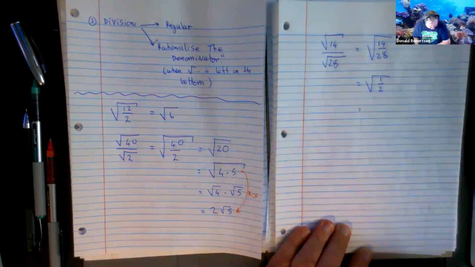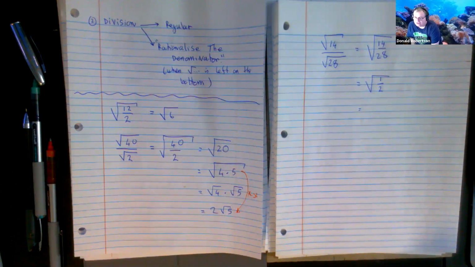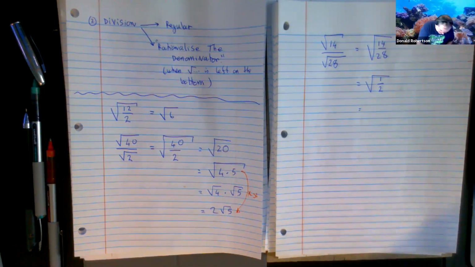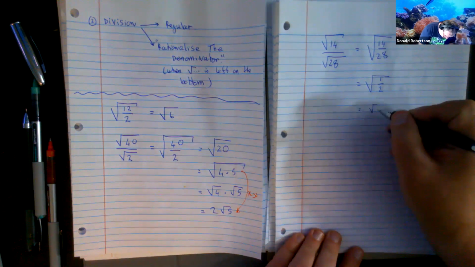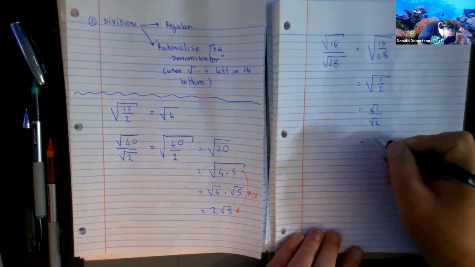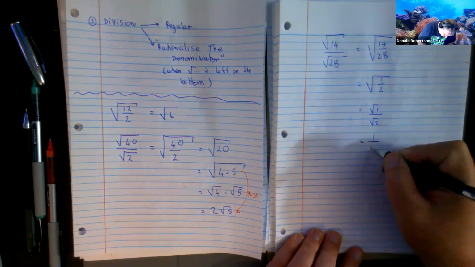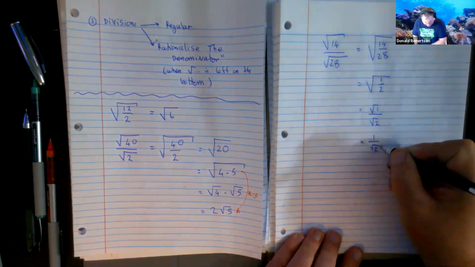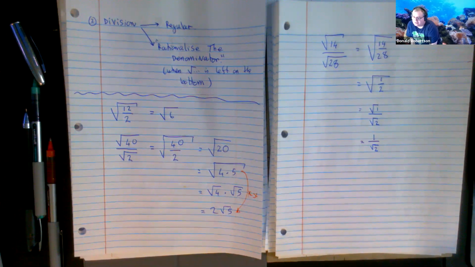And now we've reached the second situation. This thing splits as the square root of 1 over the square root of 2, and that gets you 1 over square root of 2. So do you see that I have an answer, but it has a square root in the bottom?